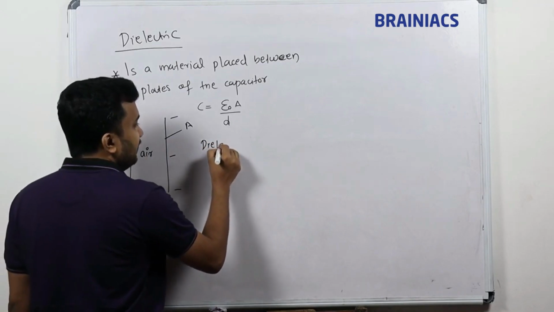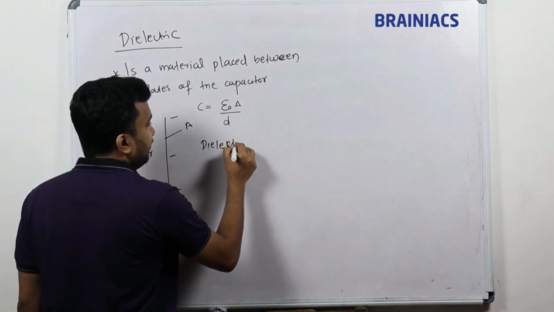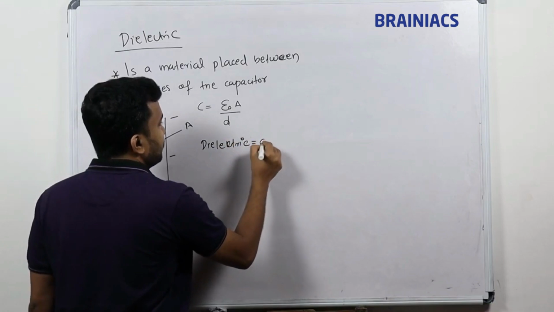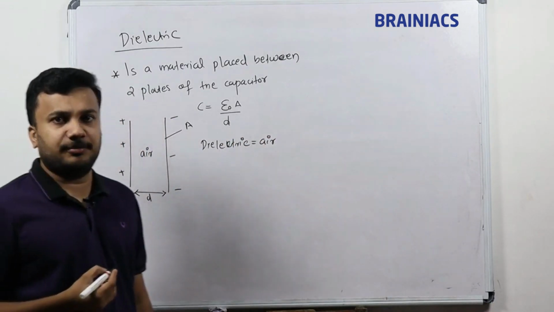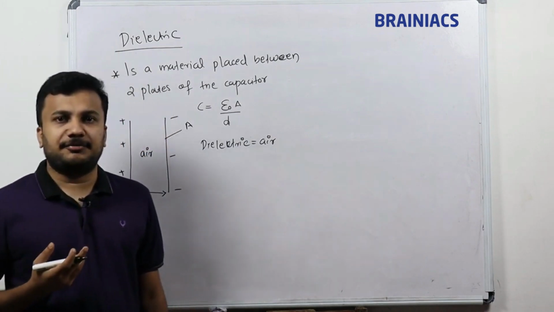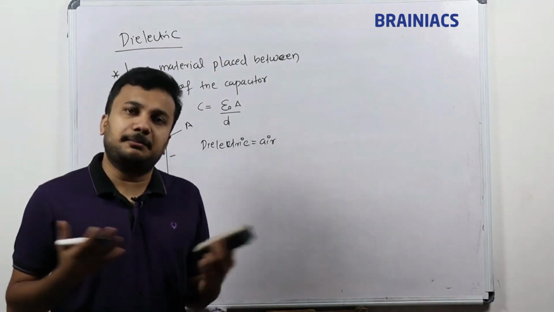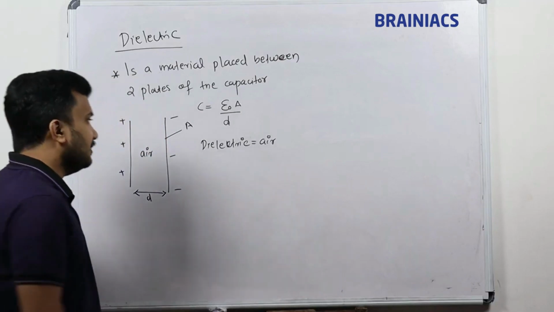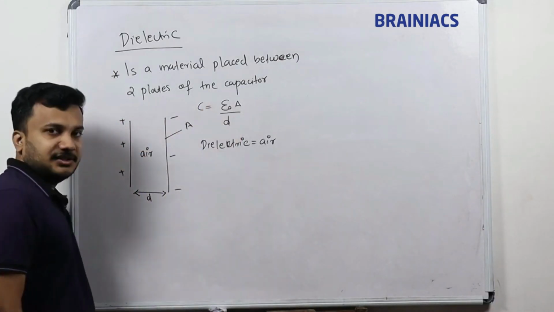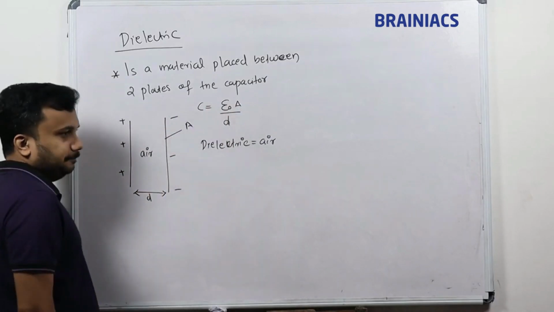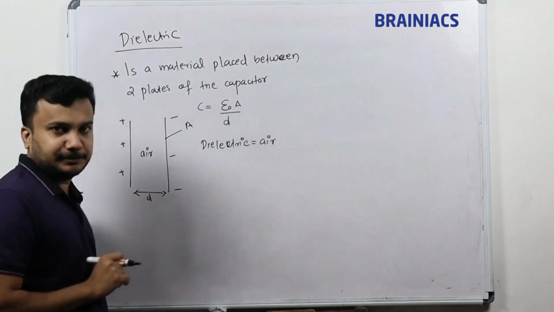So in this specific example, dielectric is equal to air. It need not always be air; it can be any material available between the plates of the capacitor, but in this example the dielectric is air, for which the capacitance is epsilon A by D. This is what we have learned so far.